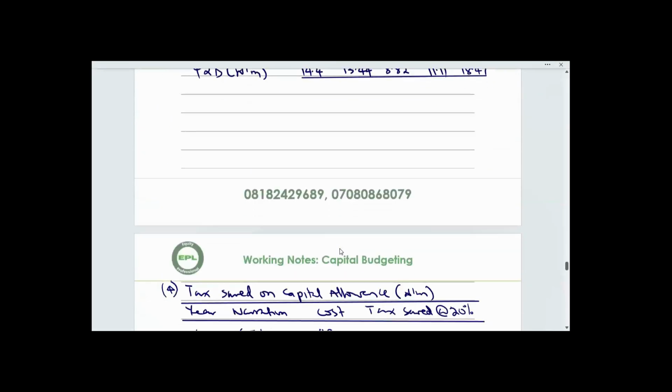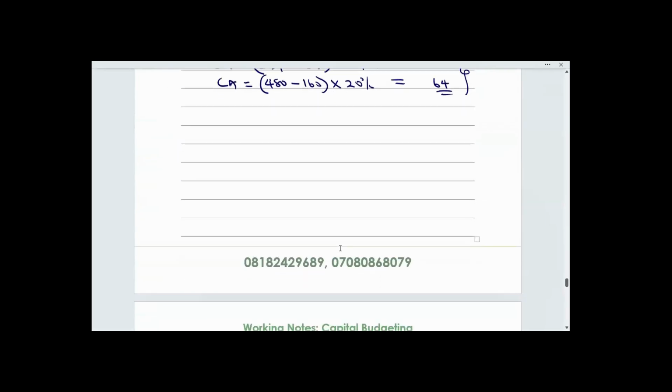Let's go and do working quickly for working capital. That will be working number 5. Let me start here. Working number 5, working capital, for year 1, year 2, year 3, year 4, year 5, then total.